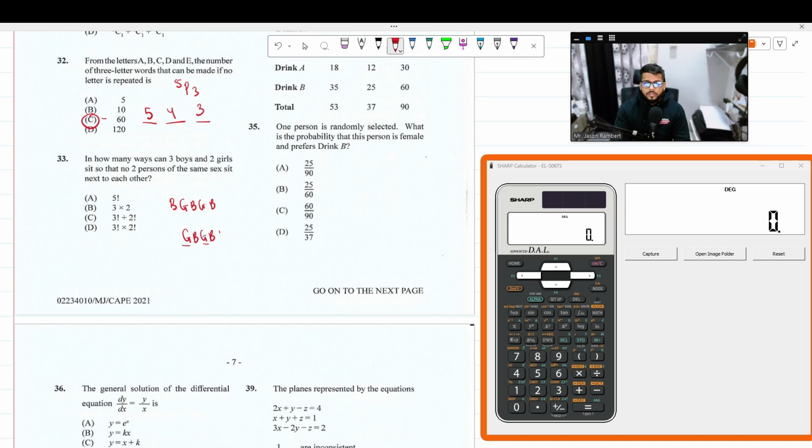We only have 2 girls, so a boy has to be here, and that is null and void. So the number of ways for the first seat is going to be 3 ways. The number of ways for the next seat is 2 ways. Then 2 ways, then 1 way, then 1 way. 3 by 2 by 1, 3 factorial, 2 by 1, 2 factorial. D is the answer.